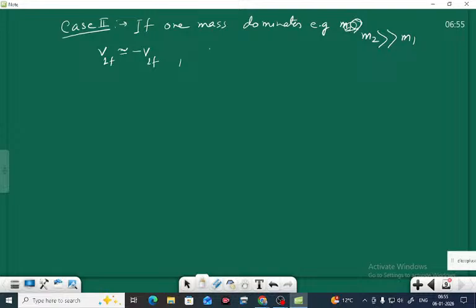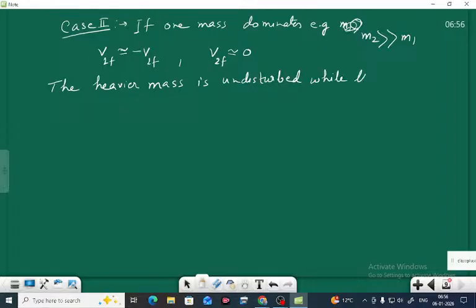And v2 final is nearly 0. The heavier mass is undisturbed, while the lighter mass reverses its velocity.